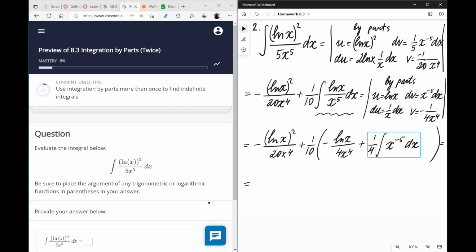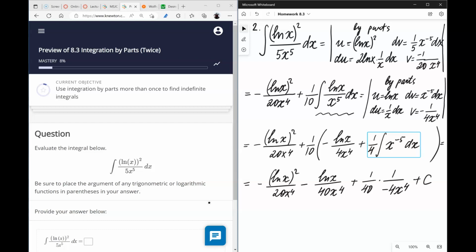So the final answer is negative ln of x squared over 20x to the 4 minus, I'm distributing now the 1/10, so we have minus ln of x over 40x to the 4, and here we have plus 1 over 40, and x to the negative 5, it's 1 over negative 4x to the power 4 plus c.